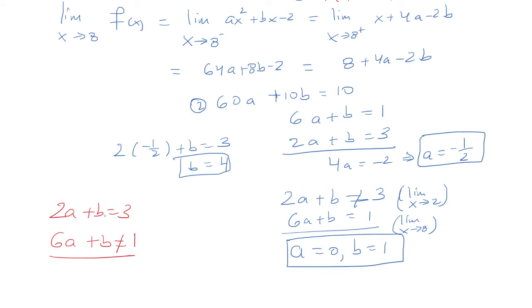Just keep it simple. If we let a equal 0, that means b is 3. That satisfies the first equation, but it doesn't satisfy the second, because you would have 3 in the bottom, and that does not equal 1. So that would be our answer.